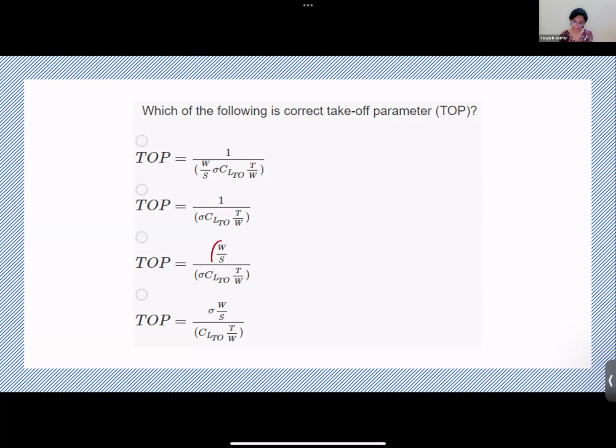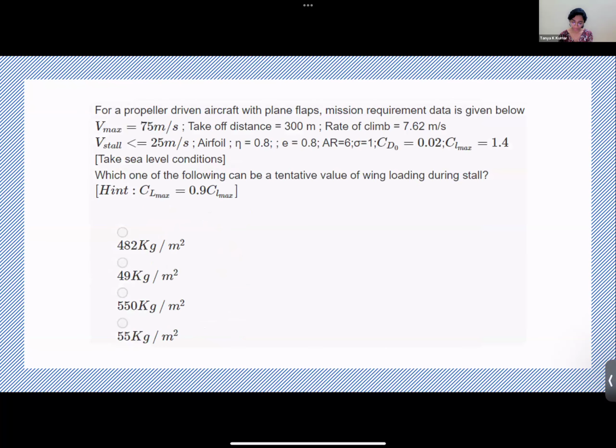Exactly, it's directly proportional to wing loading, inversely proportional to thrust loading. So it follows the same pattern. Okay, so, takeoff parameter and takeoff distance. So this is the right answer. Just remember that it's directly proportional to wing loading, inversely proportional to thrust loading, and it's also inversely proportional to CL max.